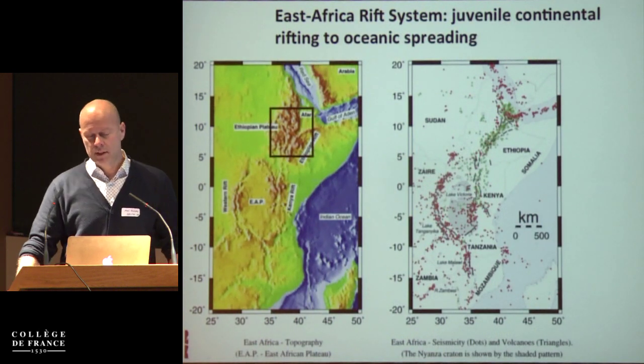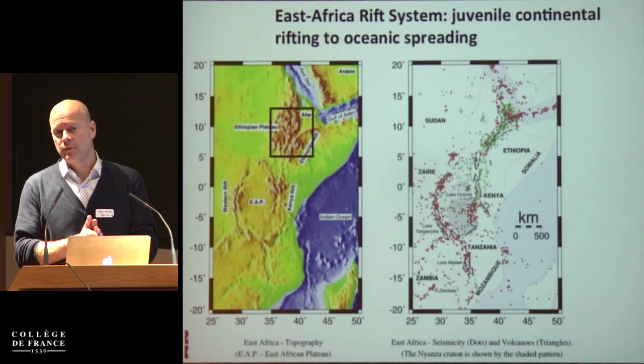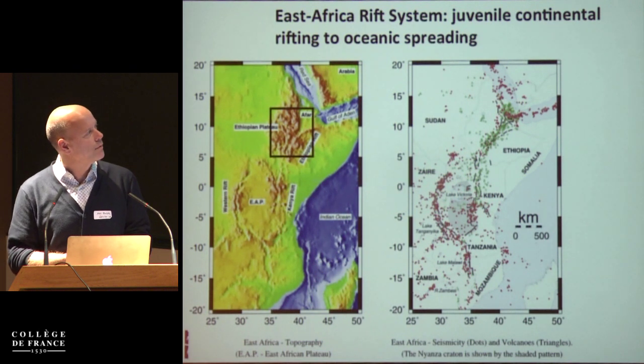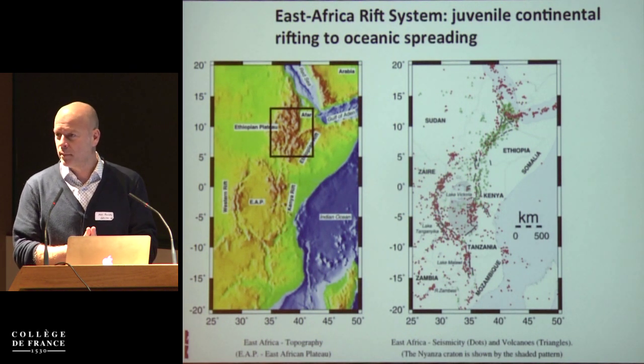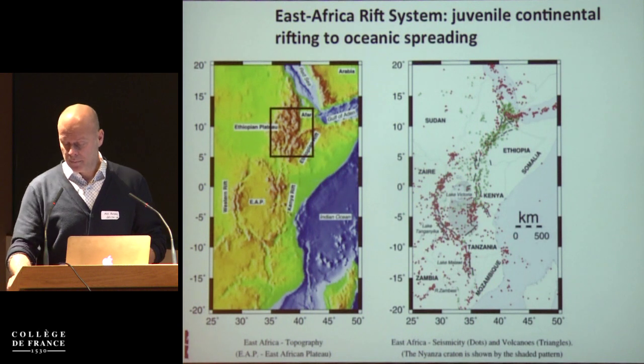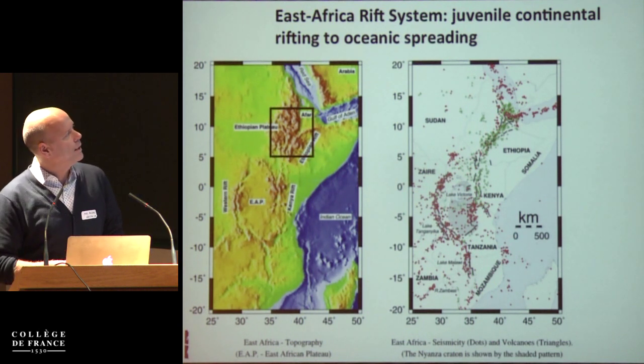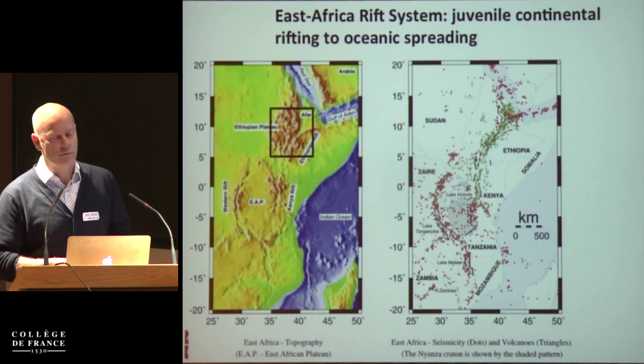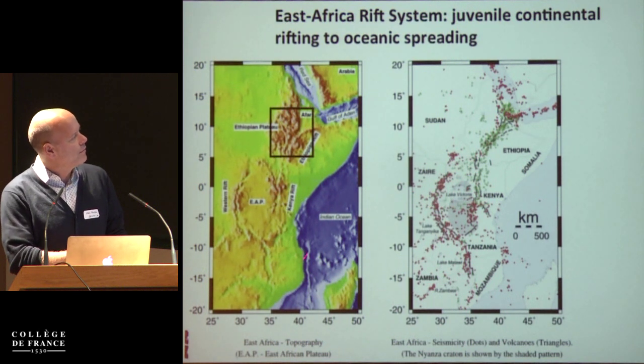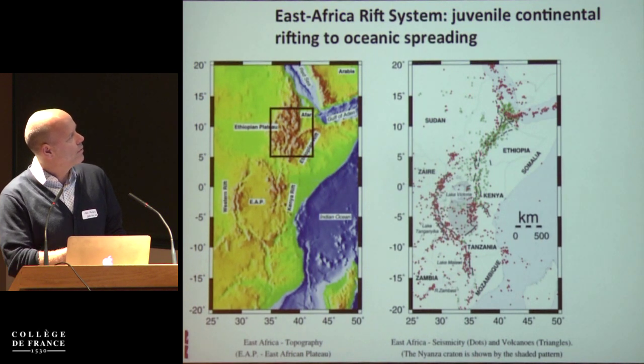So the East Africa Rift System, if you really want to study continental rifting, this is the place to go. It's often known as the Great Rift if you extend it up into the Red Sea. It's exceptional in that it covers the whole transition from really juvenile rifting down the south in Malawi. The rift system splits around the East African Plateau with the Kenya Rift and the Western Rift.